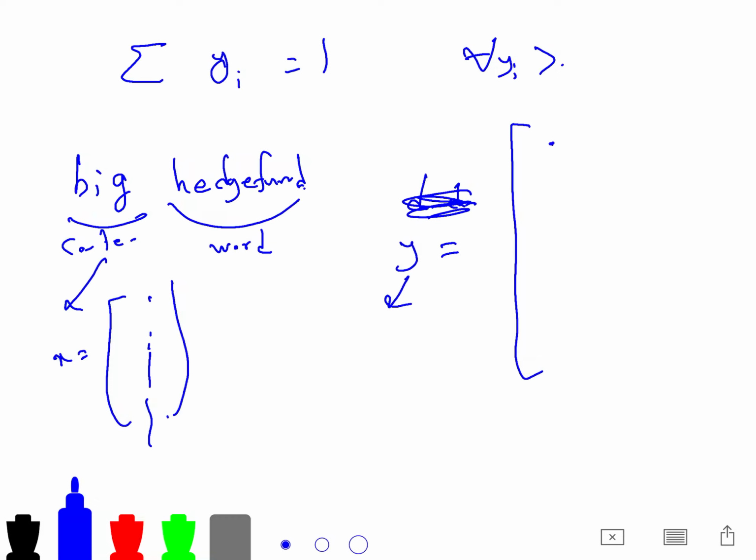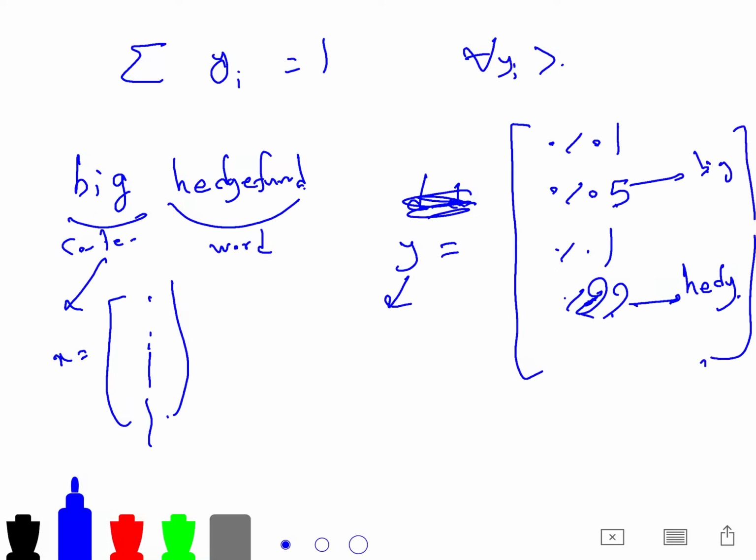So it is 0.01, and sometimes it is 0.09, and 0.99. This may refer to your hedge fund, and this may refer to big. So you want to maximize the probability that all of these things happen. But I will explain it in detail.